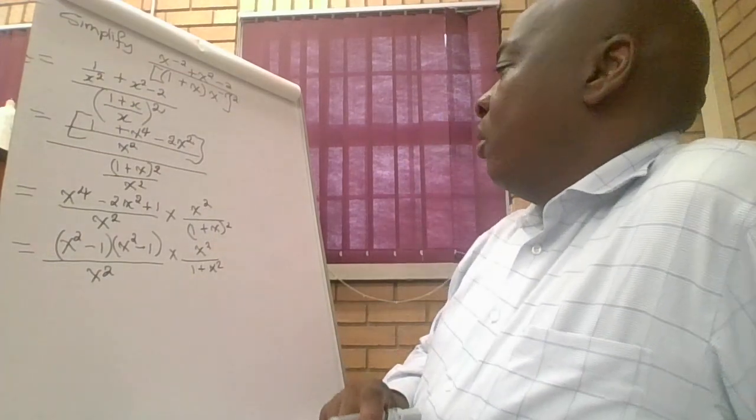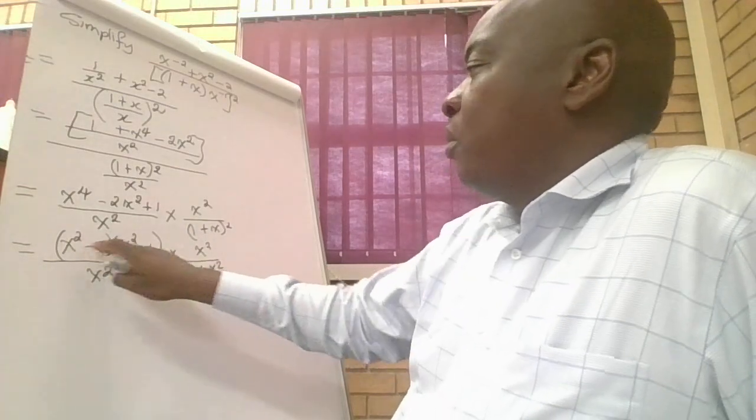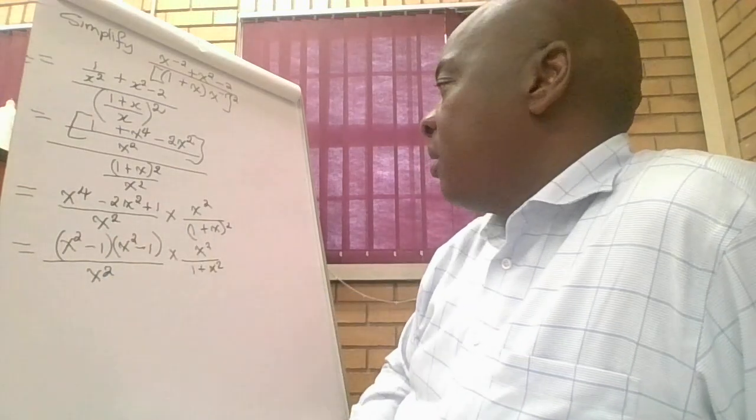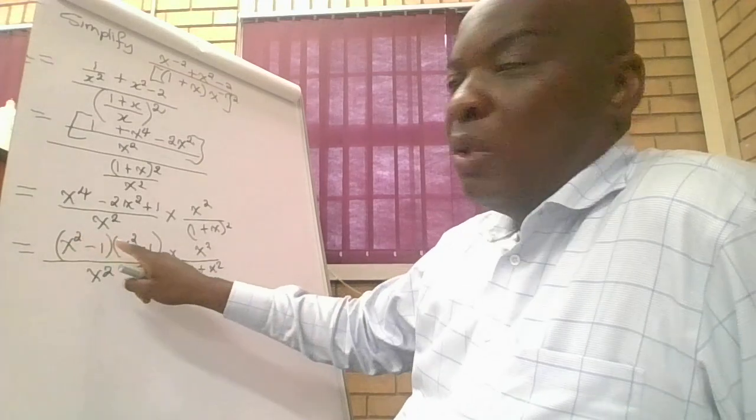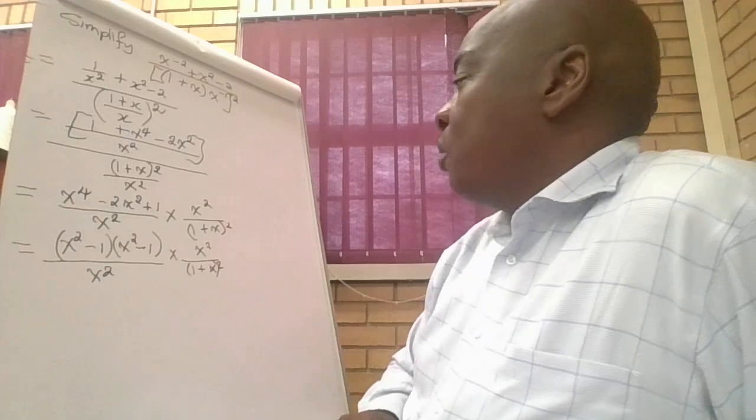And what then do we observe? We observe that this that we have factorized also here, we can still factorize furthermore, because that is difference between two squares.